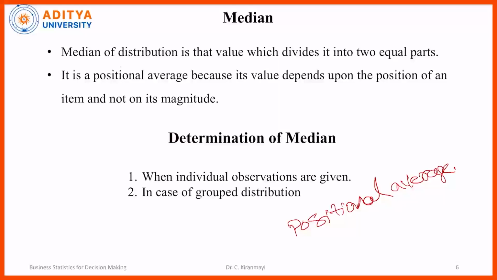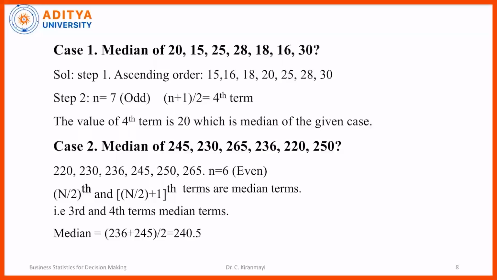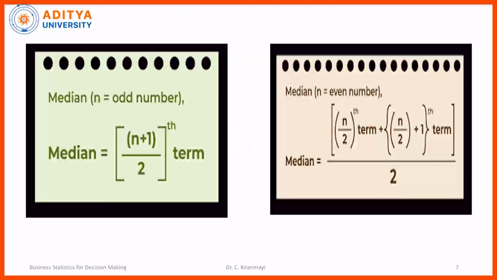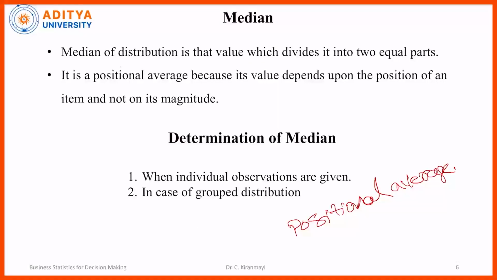We calculate the value of median based upon its position in the data set. So, for example, if we consider this example to calculate median, here we have 7 observations. So, the middle value is 28. So, based upon the position we are calculating the median value. That is why it is called positional average.